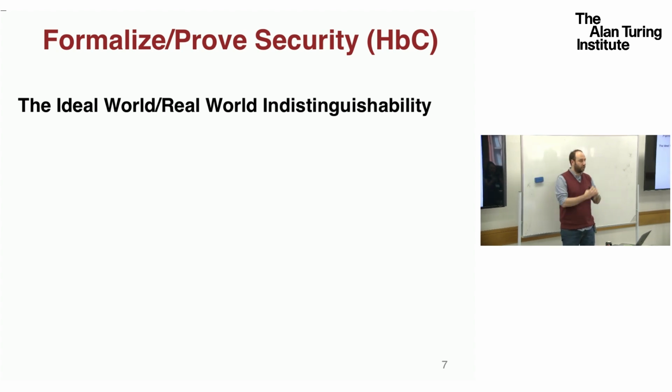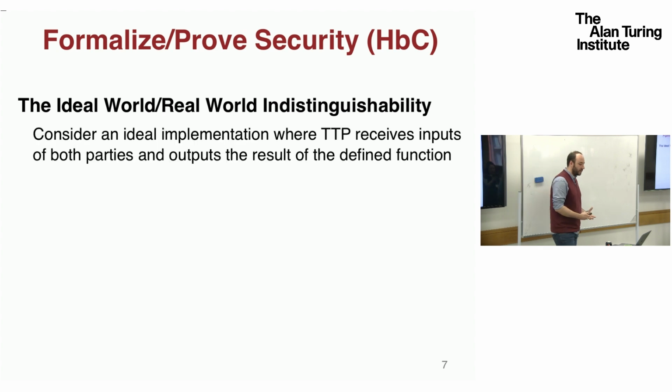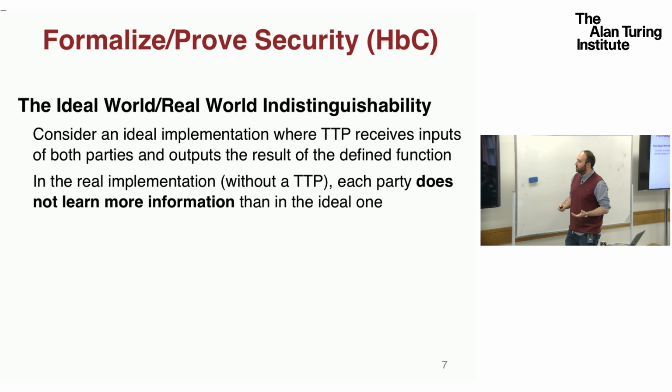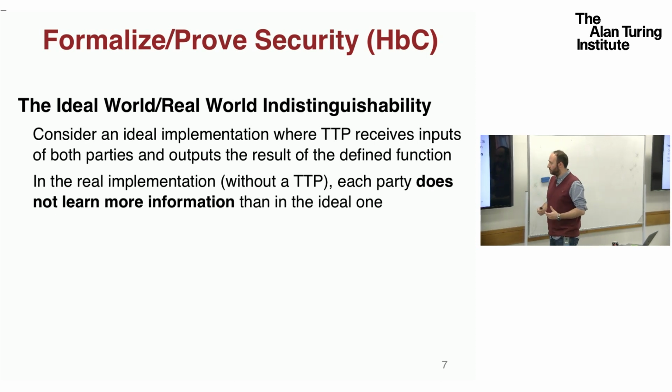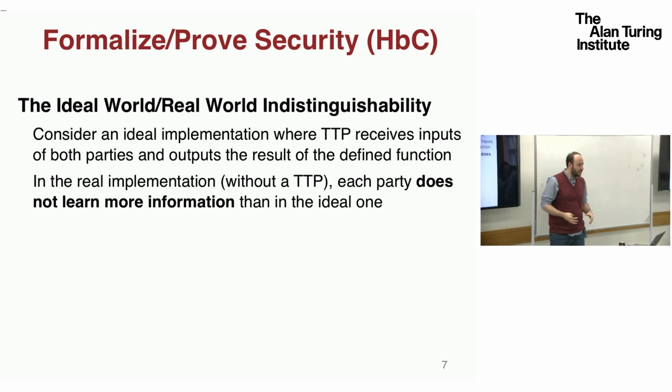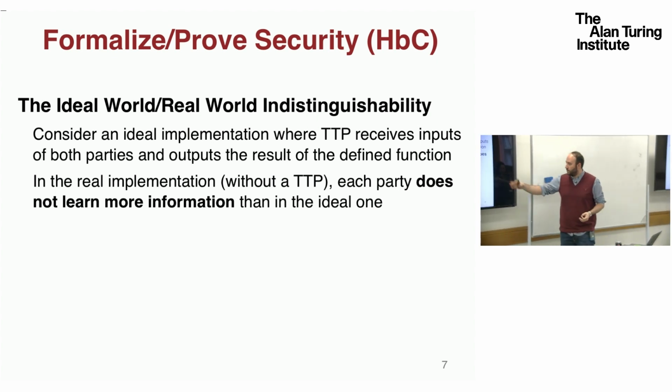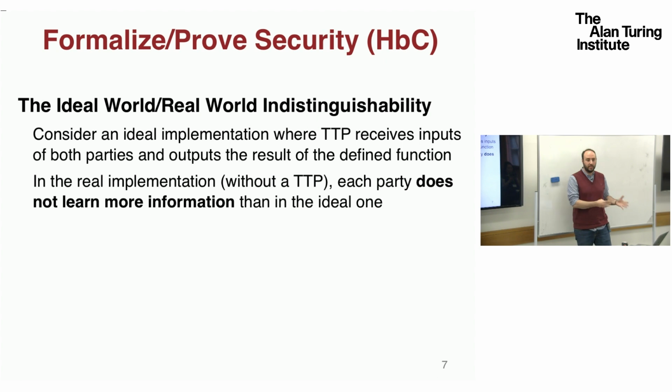And the real world, where you don't have a trusted third party, but you have a cryptographic protocol. Okay? So the idea is to prove indistinguishability between these two things. You do this in a formal mathematical way, so that you show that in the real implementation, each party does not learn more information than in the ideal one.